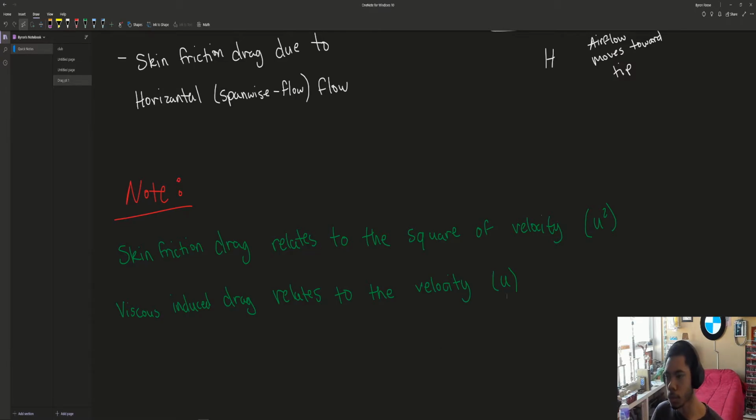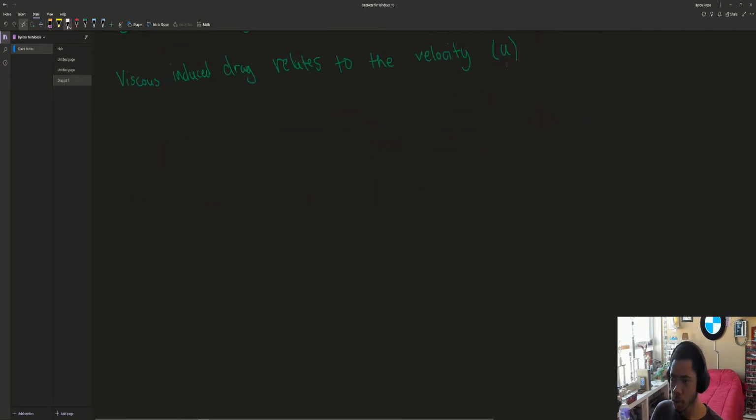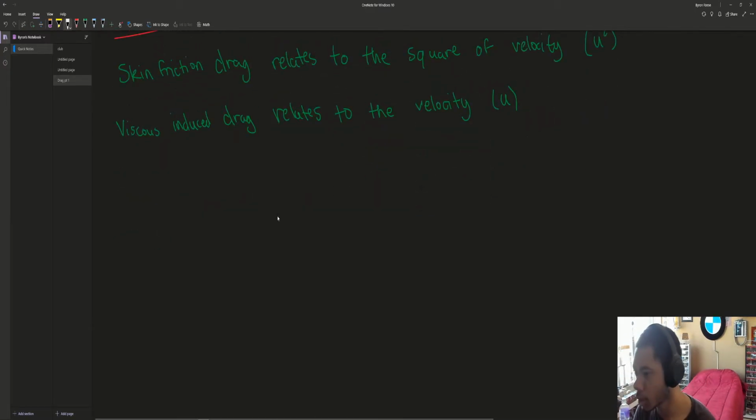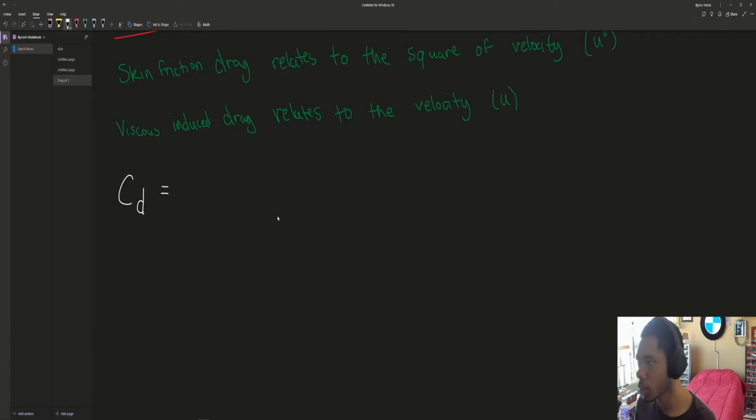Now, one of the ways we calculate this, here's our next equation of the day, is we have CD, this is for a subsonic plane. We'll just say for a plane in general.